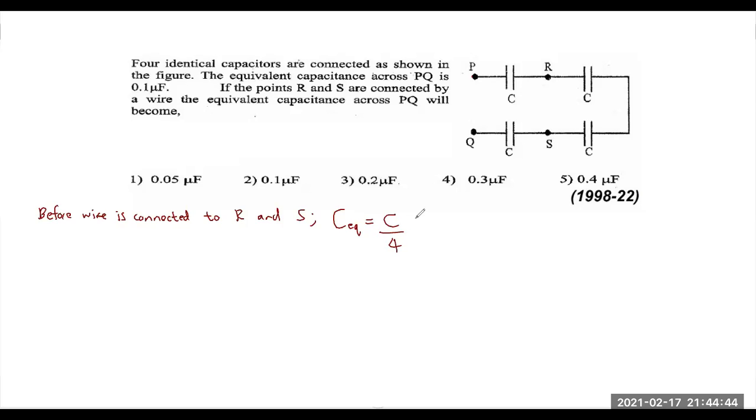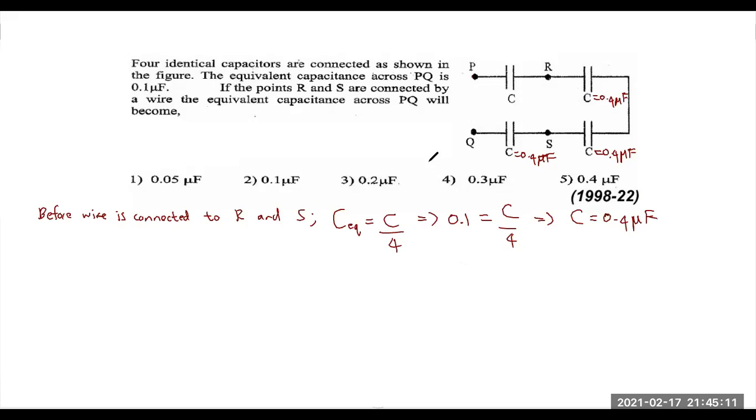And the equivalent capacitance given to us is 0.1. So 0.1 equals C over 4. Therefore, C is equal to 0.4 microfarad. That is the value of each of these capacitors. Here also 0.4 microfarad. Here also 0.4 microfarad.